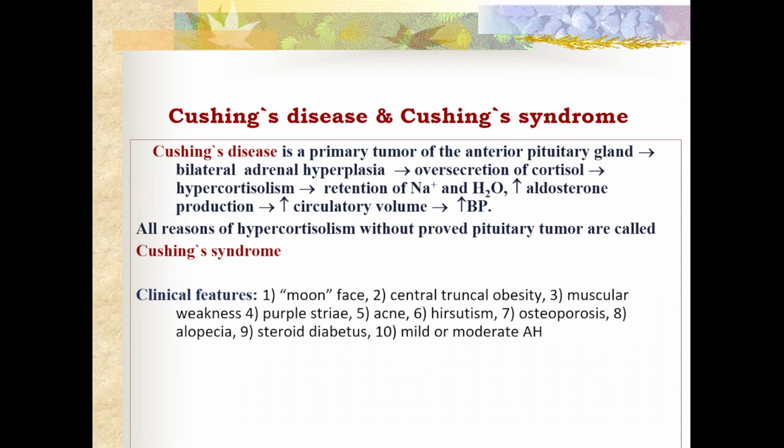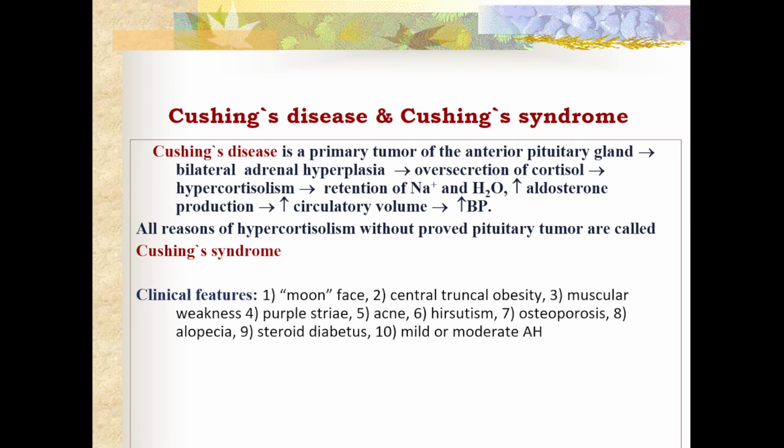Cushing disease or Cushing syndrome. Cushing disease is a primary tumor of the anterior pituitary gland, which can lead to bilateral adrenal hyperplasia and oversecretion of cortisol, hypercortisolism, which can lead to retention of sodium and water, increased aldosterone production, and increased circulatory volume.